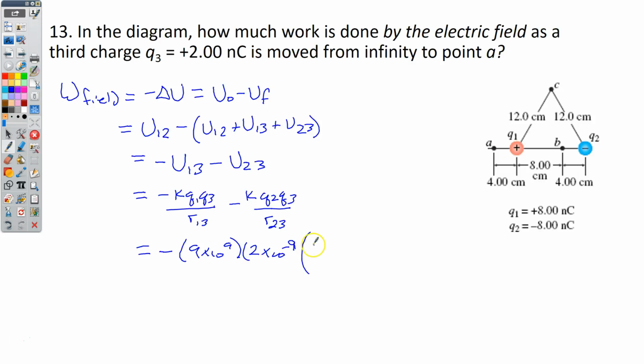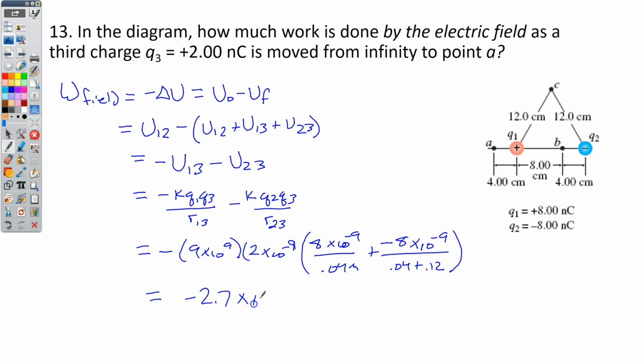And then we've got 8 times 10 to the negative 9th over 0.04 meters, plus negative 8 times 10 to the negative 9th over, and then we've got to add some distances together, so 0.04 plus 0.12. And when we're done, we end up with negative 2.7 times 10 to the negative 6th joules, or negative 2.7 microjoules.